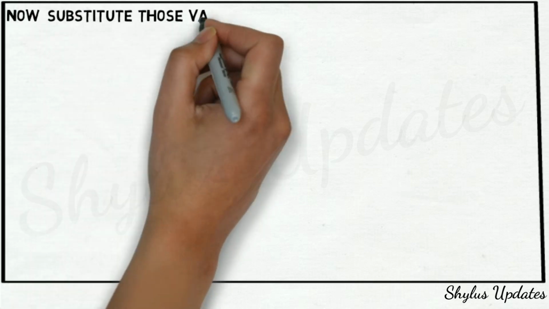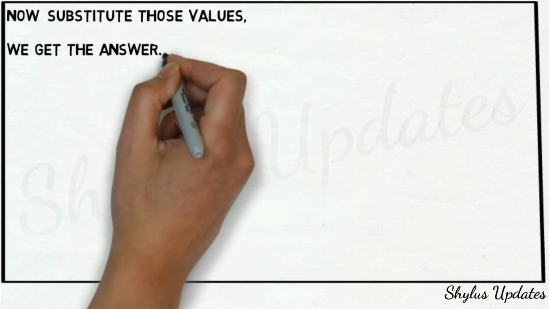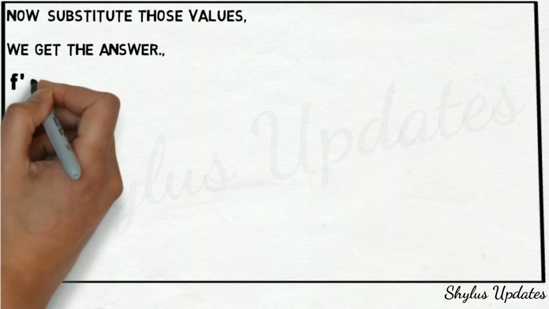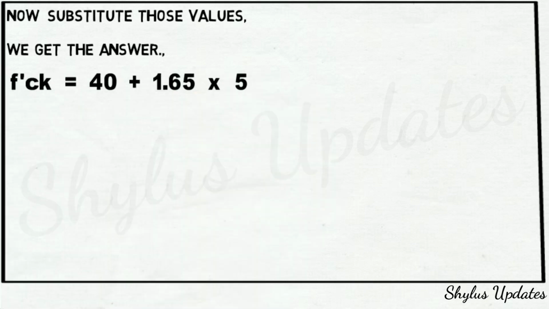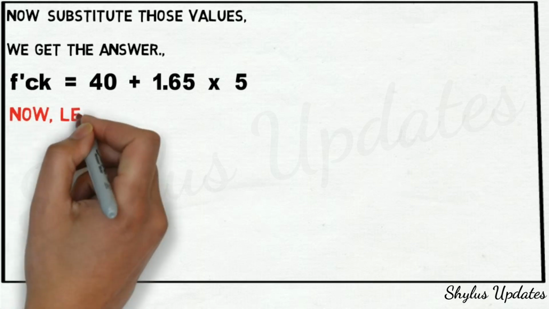Now substitute those values, we get F'ck equals 40 plus 1.65 into 5.